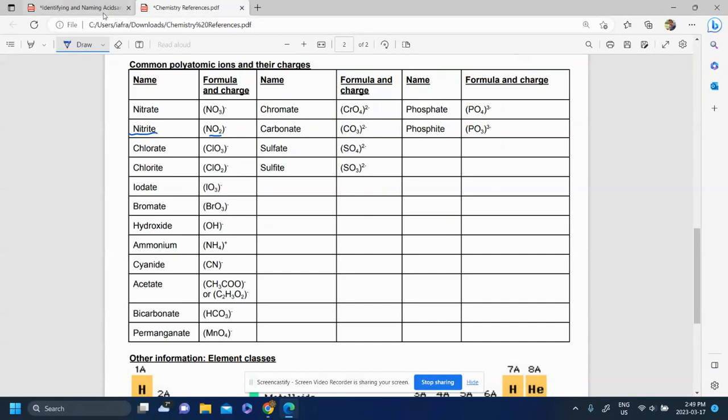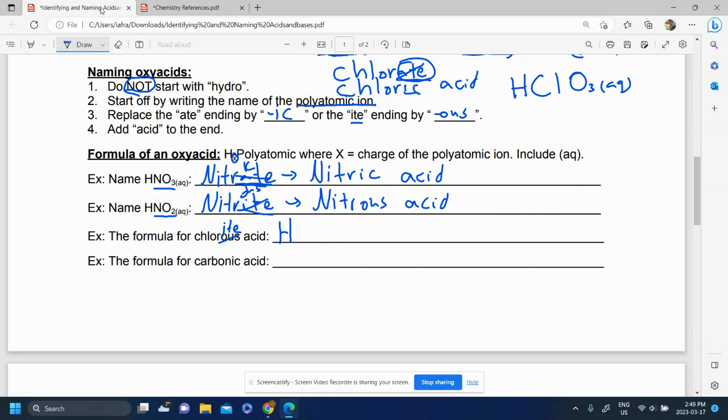Chlorite is ClO2 with a -1 charge. That means I have to put a subscript of 1 for H, so you don't have to write anything. And just put ClO2 and then AQ. And there is your chlorous acid.